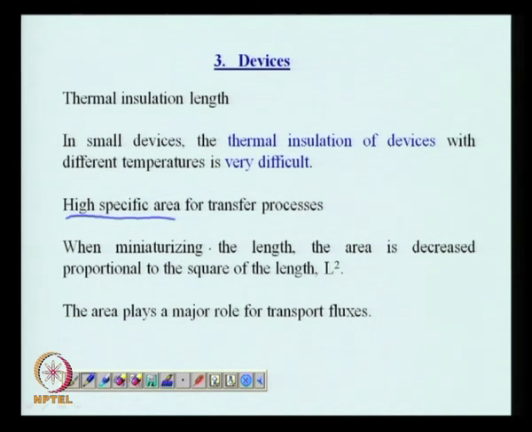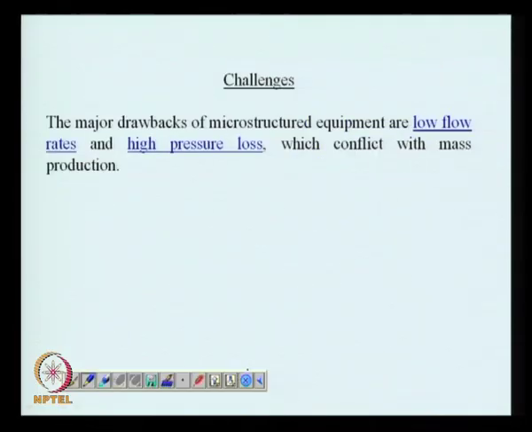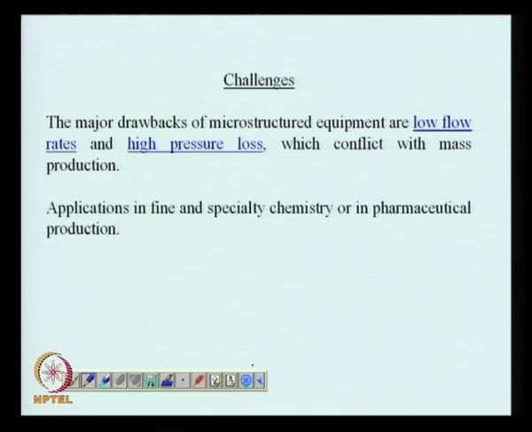When we miniaturize anything, the area decreases proportional to the square of the length, and this dependence on L square is playing a major role in the enhanced transport fluxes in such devices. So, what are the challenges that we have? Obviously, low flow rates, low throughputs, and high pressure loss. So, this is in conflict with mass production of any material.